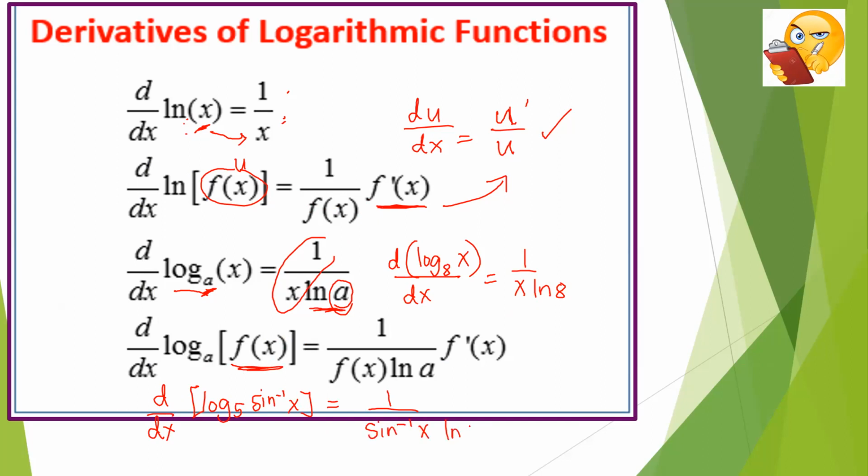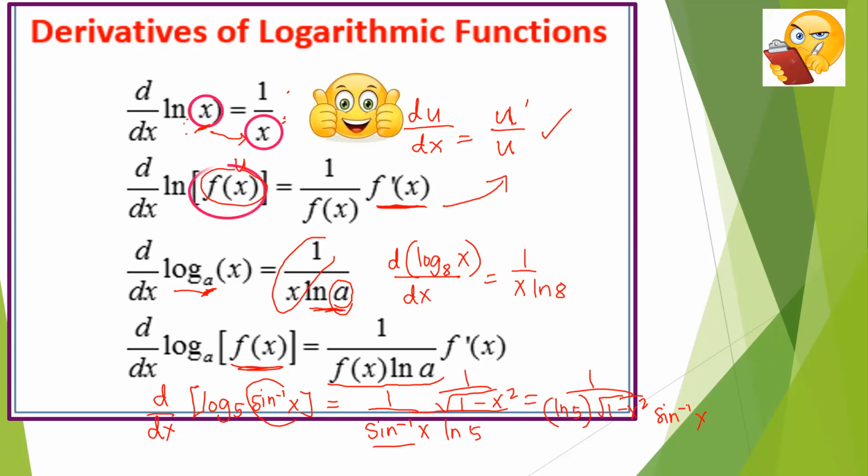Tapos, ln of 5. Kinopya mo lang yung function tsaka yung ln. Tapos, kung ano yung derivative, nasa taas. Ano yung derivative ng arc sine? Di ba? Yan yung 1 over square root of 1 minus x squared. So, this will be 1 over ln 5, square root of 1 minus x squared times arc sine of x. Okay, so ganun lang po.